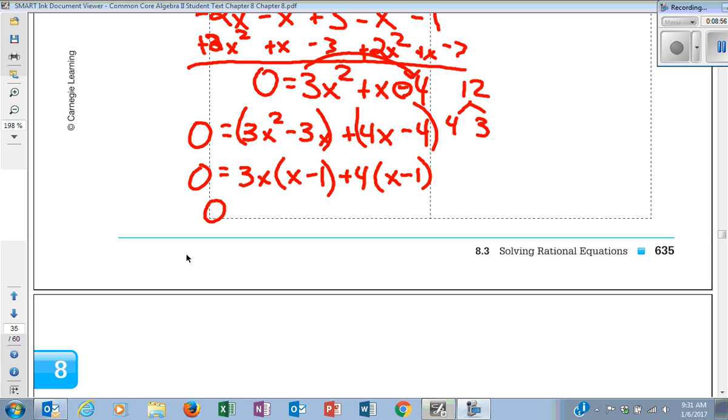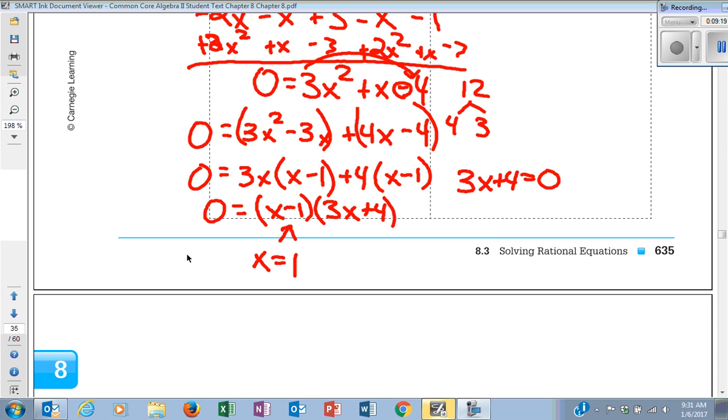This factors out into 0 equals... actually, do it this way. What do they have in common? X minus 1. What's left over? 3x plus 4. That means my roots: when I set this one equal to 0, I get x equals 1. When I set this equal to 0, I can't see it right away, so I set it equal to 0.